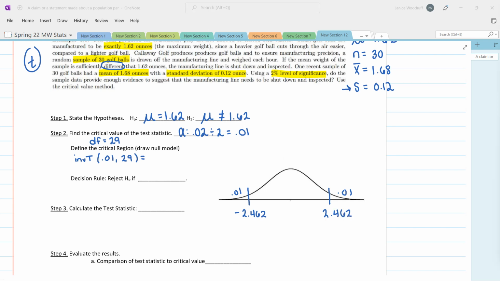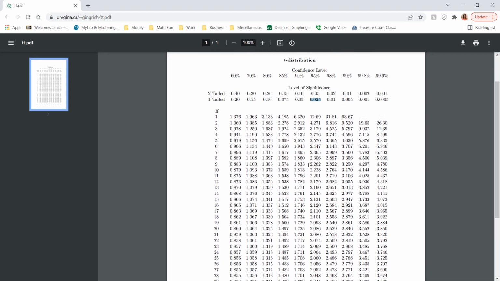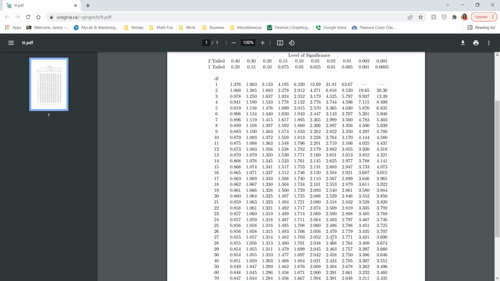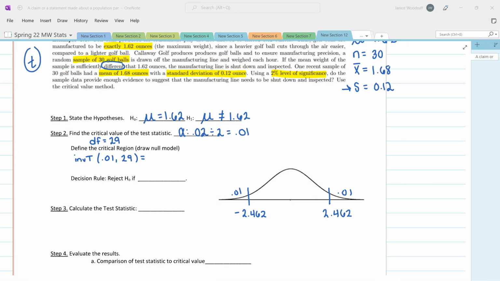And let's just check on the chart here. So level of significance, two-tailed, 0.02, one-tailed, 0.01, so it's this row right here. And then degrees of freedom, 29. Right here, 2.463. So off by 0.001, you should get the same result.